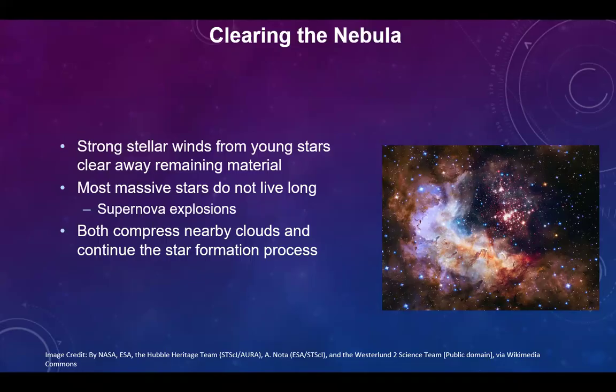Yes. How long is this path? What? How long is the nebula? It varies, but I would say millions of years, because it depends on the specific conditions of the stars that form and things like that.